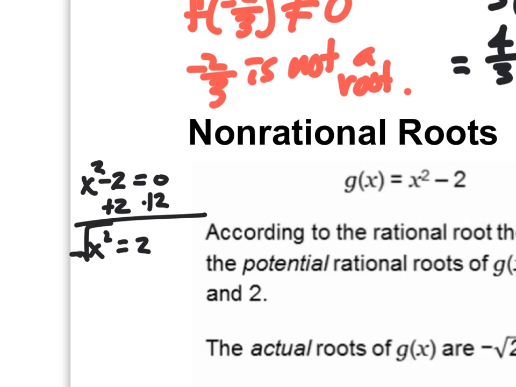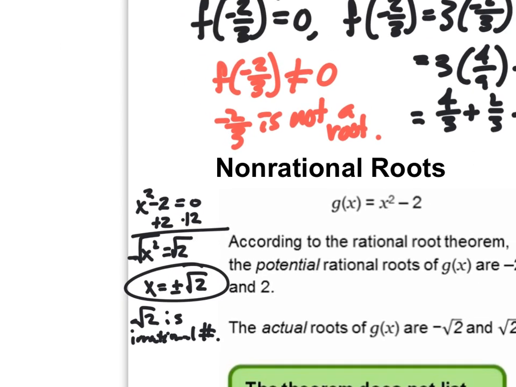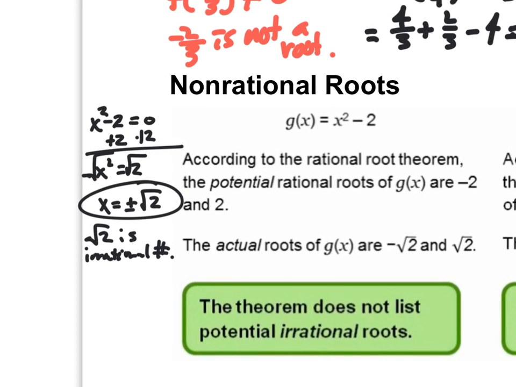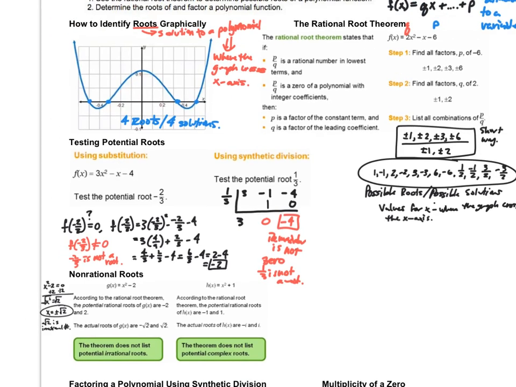I'd take the square root, and I'd get that x is equal to plus or minus the square root of 2. The square root of 2 is an irrational number, and you can't get the square root of 2 from your possible rational roots test. That's not going to appear. The point of listing this out is to say, where are my possible roots?